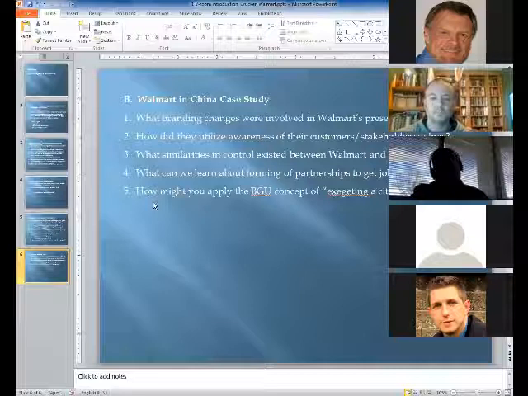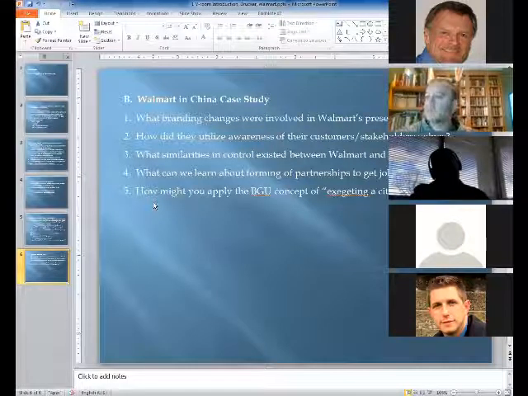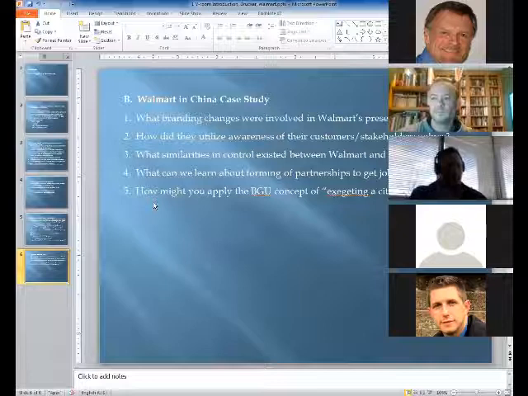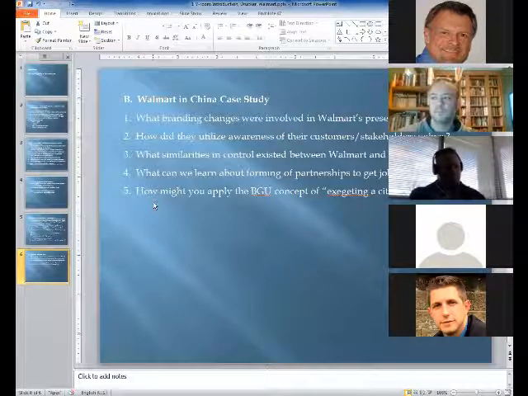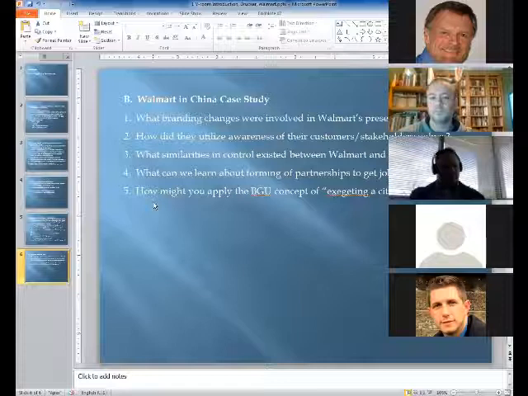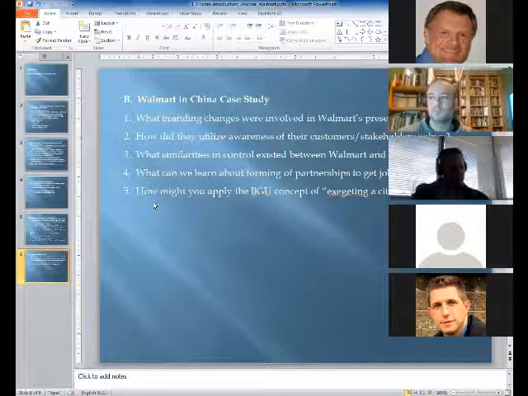Number 4, kind of think about this, because at BGU, we emphasize the idea of collaboration, partnerships, trying to get the job done in a community, for example, by learning how we can collaborate with other groups, with other organizations.